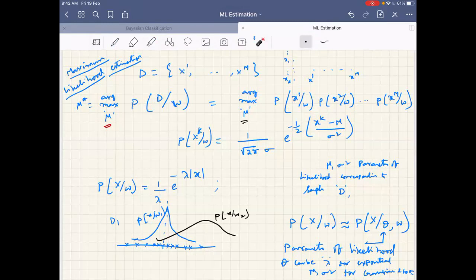In other words, any parameter theta star can be estimated by maximizing the likelihood of all samples, fitting to that mathematical form with respect to theta. Theta means whichever parameter you want to find.